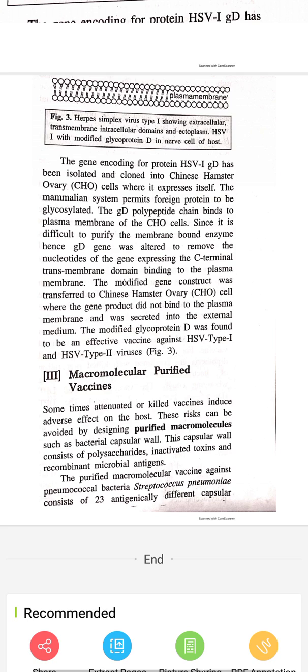Although the bacterial polysaccharide vaccines activate B cells, they do not induce antibody class switching and memory B cell production. This vaccine also fails to activate CD4 cells, but it induces production of IgA secreting plasma cells in man, following subcutaneous immunization.